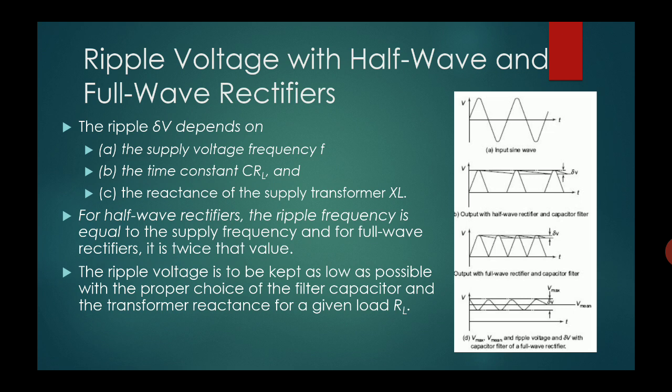On the right hand side, here you have the ripple diagrams. You see that the input is a sine wave. Now for a half wave, you can see the output.